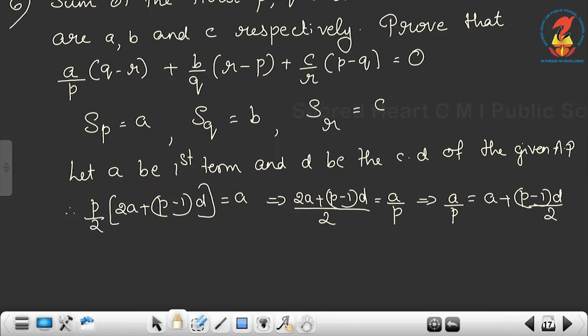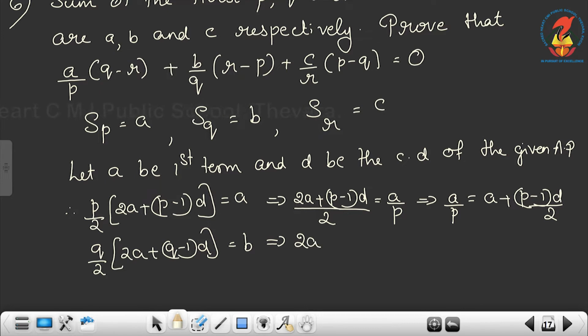Now the same way you have to write the next one, SQ, that is Q by 2 into (2A plus (Q minus 1) into D) is given as b. No need of all these steps, directly we can write b by Q is equal to A plus (Q minus 1) into D by 2.